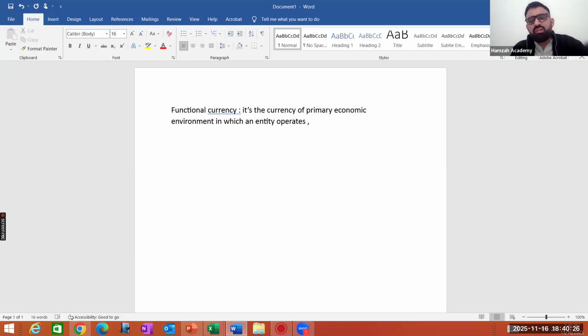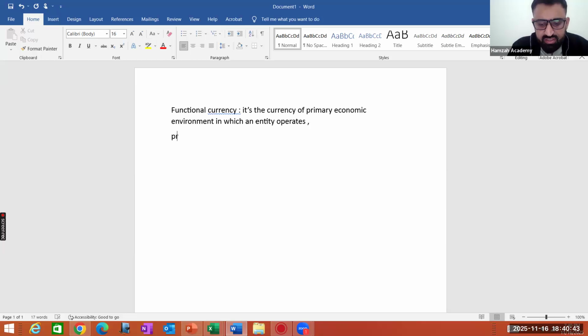And to determine the economic environment, we have primary and secondary indicators which we use to determine the currency of the economic environment.